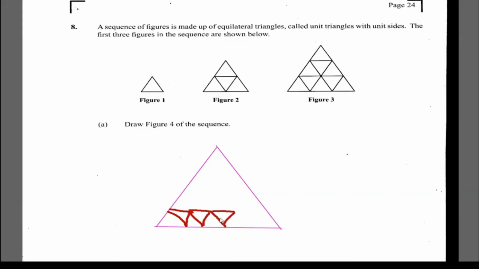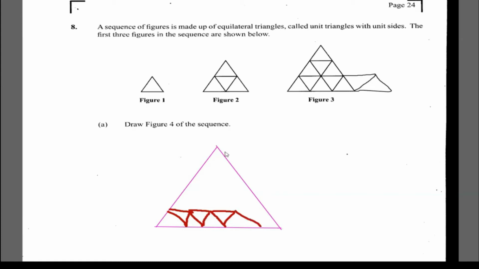1, 2, 3, then 1, 2, 3, 4, 5. How many do we need again? 1, 2, 3, 4, 5, and it should be 6, 7. If we attach it like this, figure 4 is going to be 6, 7. Then this would be 7.